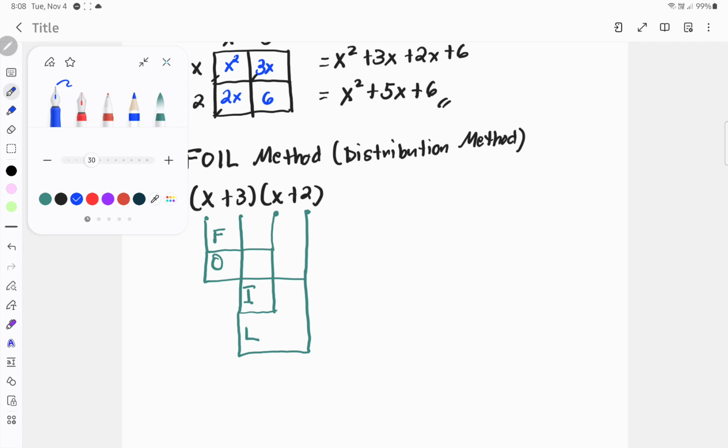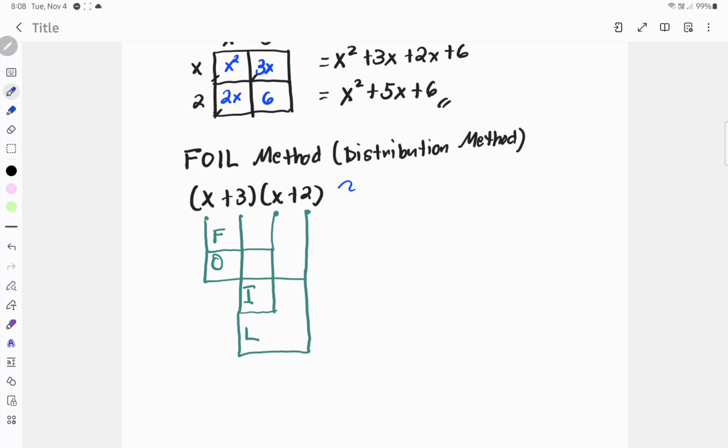Now writing our partial product. You need to look at first term to first term. So you have x multiplied by x. The first x is here, then the other x is here. So that's what we're multiplying. Followed by the outer term, so you have plus x times 2.